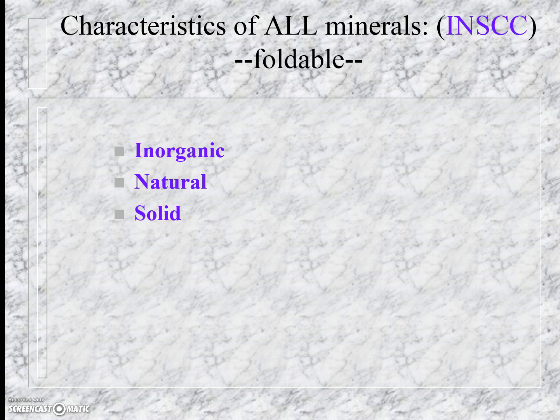It's solid, so minerals cannot be a liquid. You cannot have a liquid mineral. It's a compound, or it's just one element. And it also has a crystal system, and we can take a look at some of those under a microscope, so you can see the crystallized system within the mineral itself.